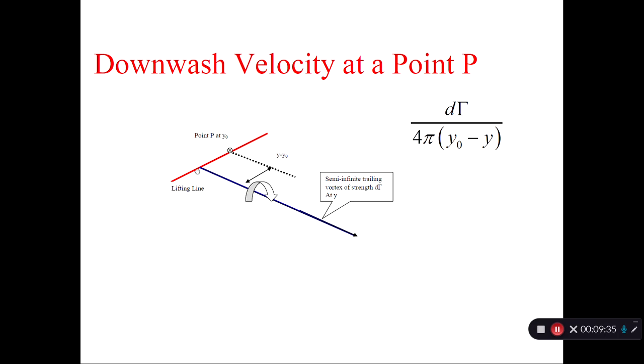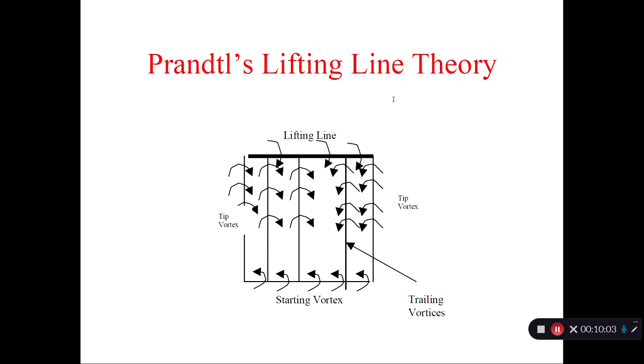So if the vortex is placed at y, and the downwash point P is at y naught, this relative distance is y naught minus y, assuming the origin is somewhere to the left. So this is the downwash. All you have to do is integrate this from minus b over 2 to plus b over 2 to get the downwash from all the trailing vortices that we saw here.